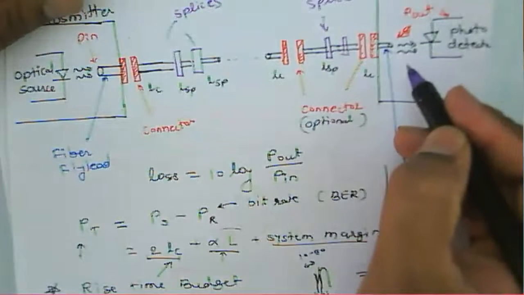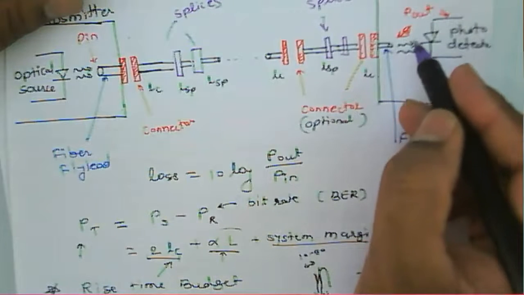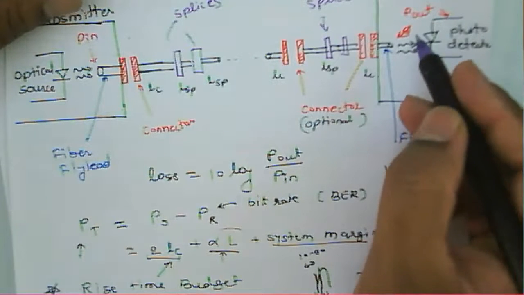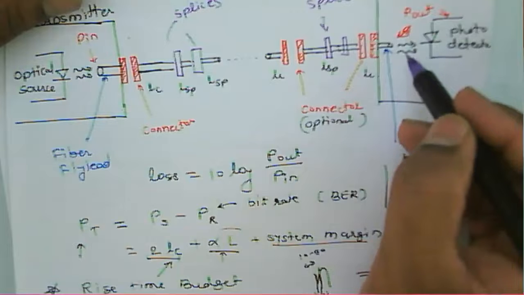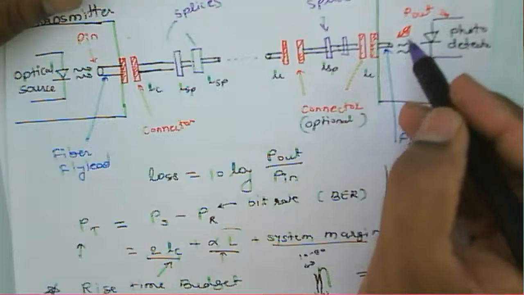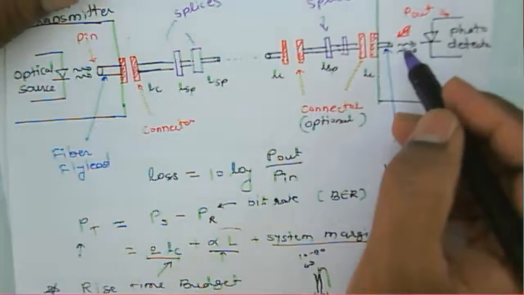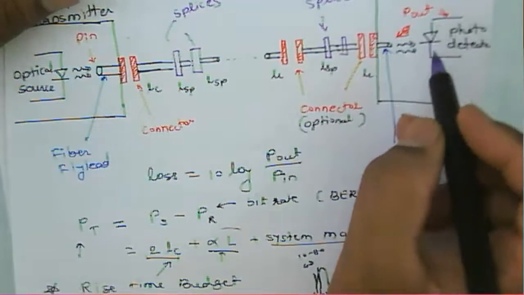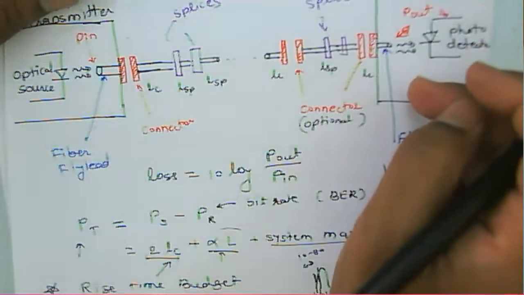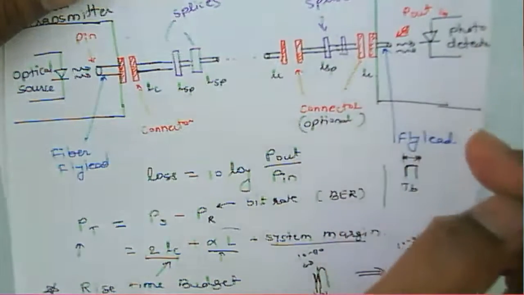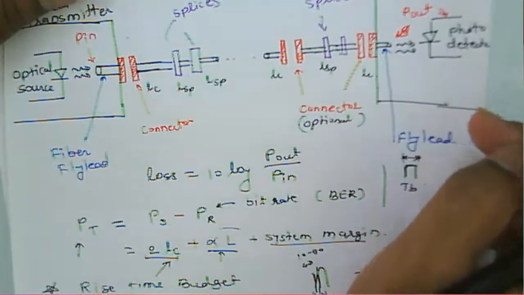At the receiver, your rise time depends upon the detector response and the bandwidth at the front end of the receiver, that is, the 3 dB electrical bandwidth of the receiver.